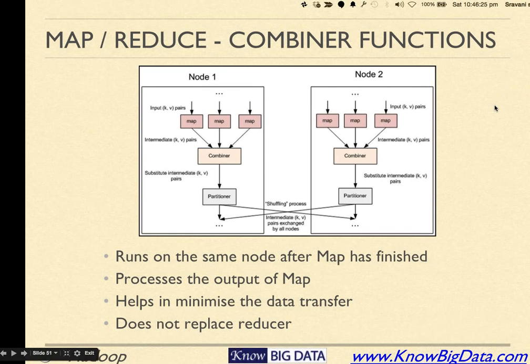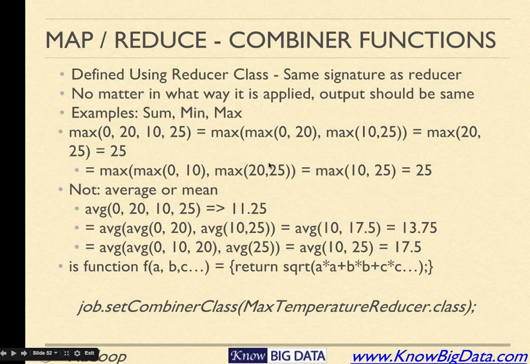Not all functions qualify to become combiner, because the combiner does not wait for all the values for a key to gather and then run combiner on all those values in a single shot. Instead, it will combine as and when it finds the values.